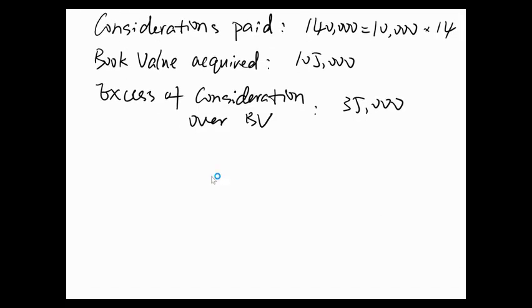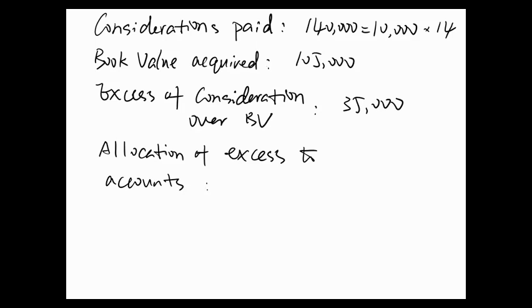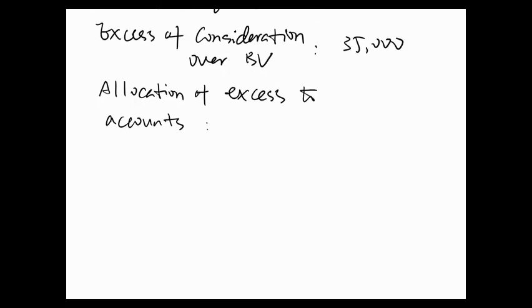Then next, let's allocate the excess amount to those accounts with a fair value different from book value. Allocation of excess to accounts. The first account is land.